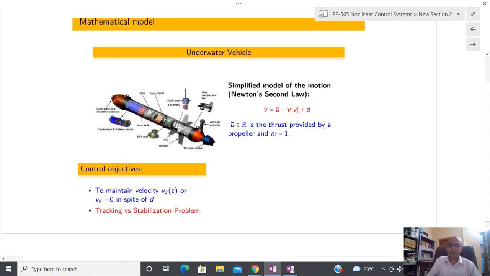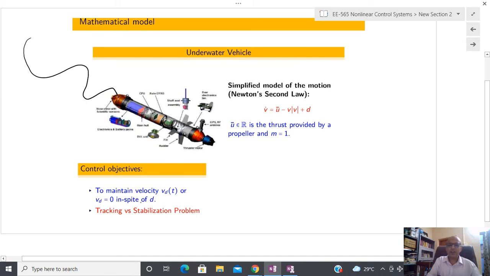Here, due to flow, I have some kind of uncertainty, and I have two different problems. In the presence of flow I have to stop this underwater vehicle, which is called the stabilization problem or robust stabilization problem. The tracking problem is that I have to move this underwater vehicle with some sinusoidal velocity or some kind of velocity.